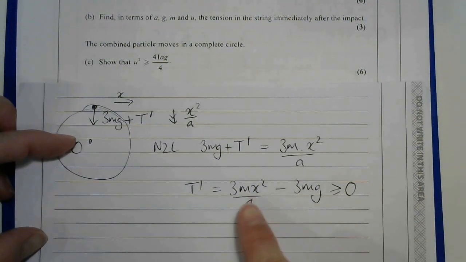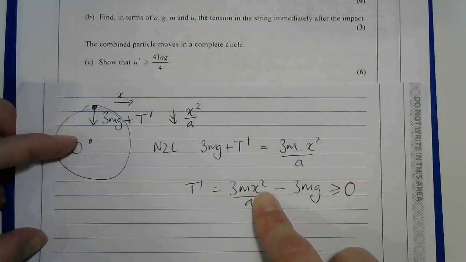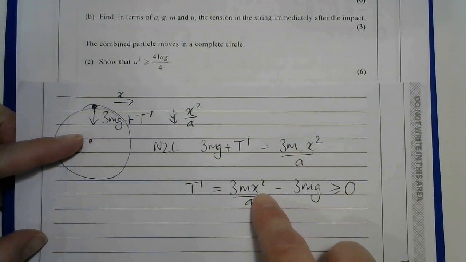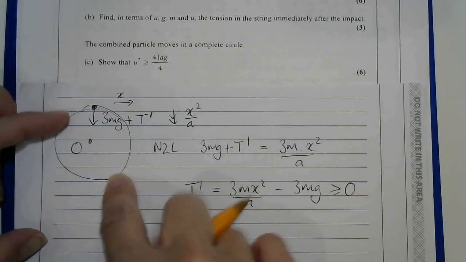So now I need to get rid of this x squared. So the other way that I can get an equation with x squared in is to look at the energy.